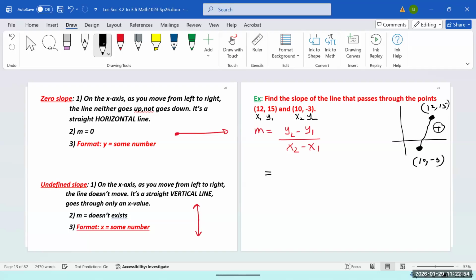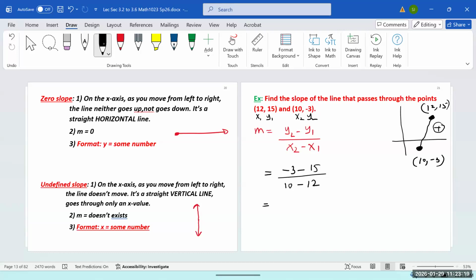Now, according to our x1, y1, our y2 is -3, and we are subtracting what? 15. Divided by, what is our x2? And we are subtracting 12. So we have -3 minus 15.